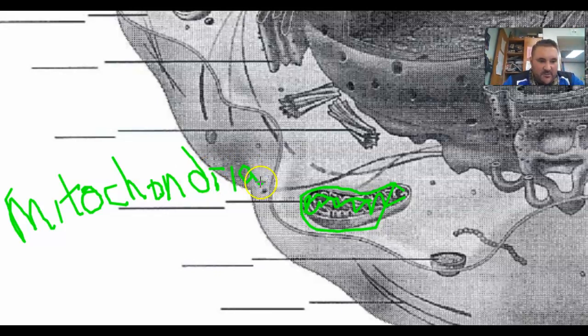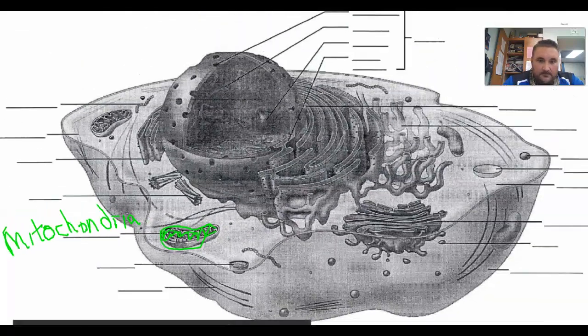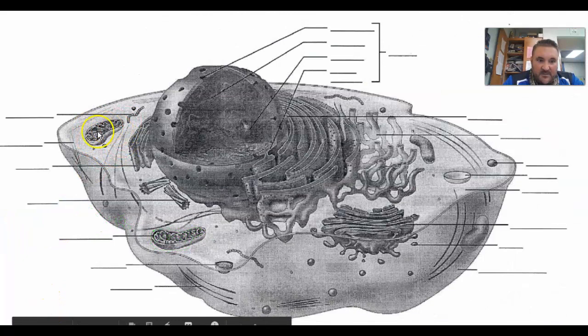There's actually other mitochondria in this picture. This is a mitochondria, and this is a mitochondria over there. There's all your mitochondria.